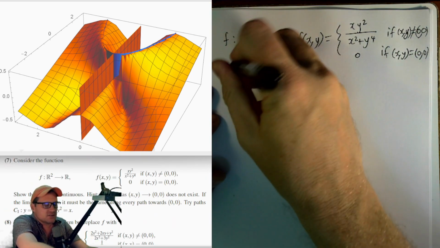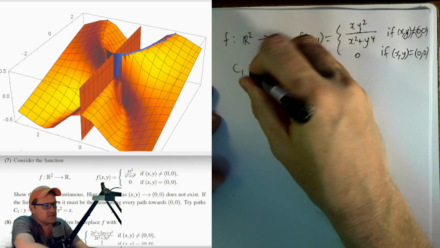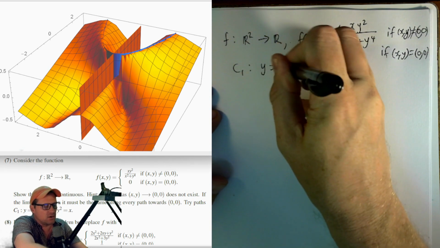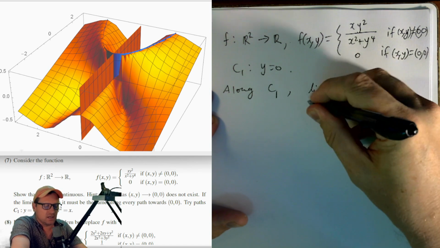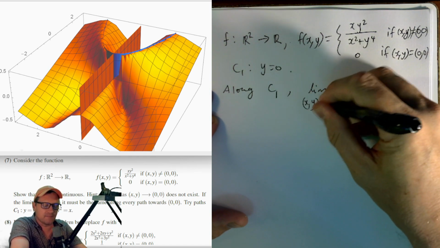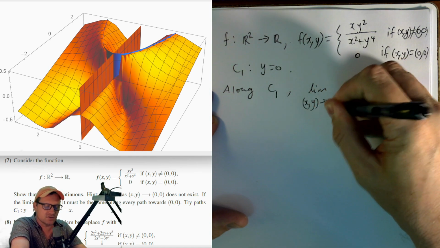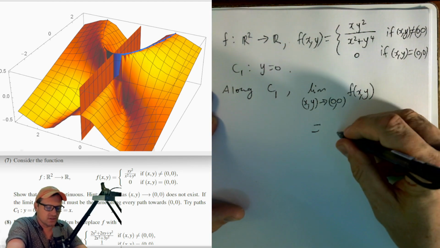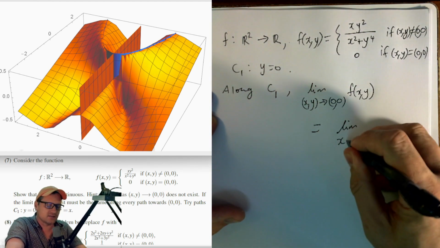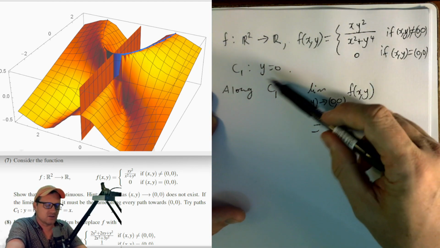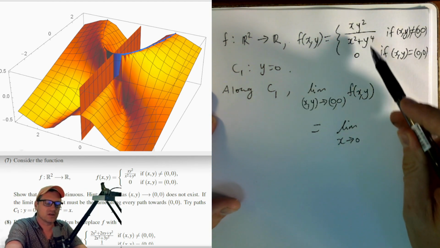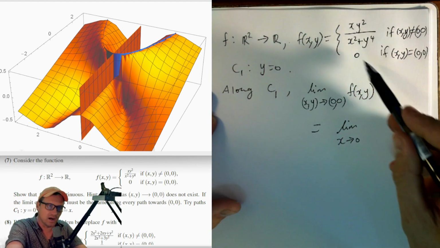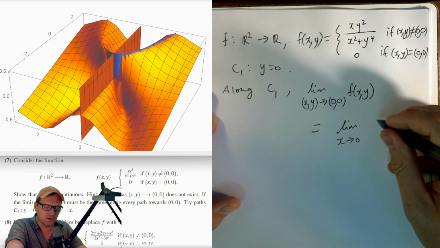Okay, so C1 is the path y equals 0. Okay, so we'll say along C1, the limit as the point xy goes to 0, 0 is equal to the limit as x goes to 0. Now, since we are on y equals 0, what we can do here is replace all of the y's that we see in that function with 0.